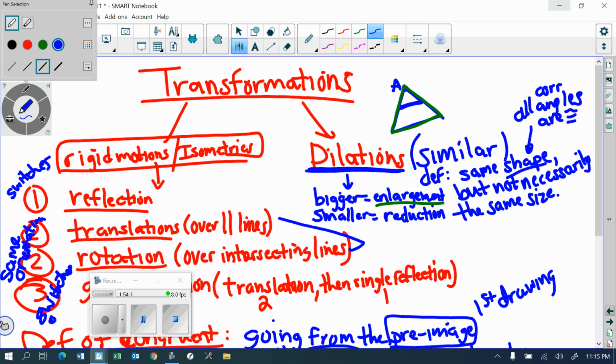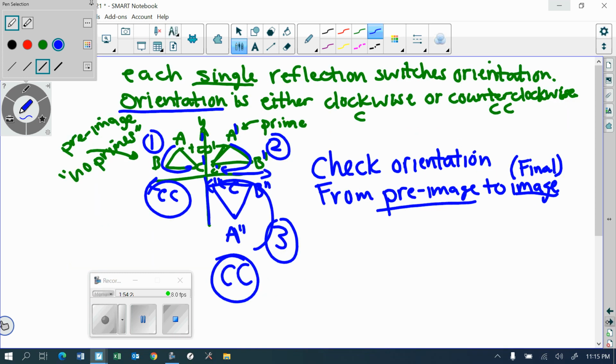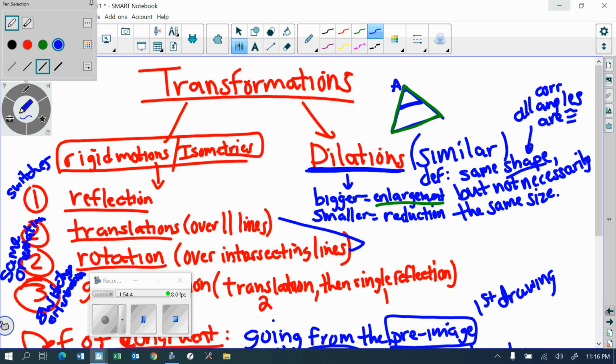It switches orientation when I compare first to the last. So if it switched orientation between 1 and 3, it would tell me I had either a single reflection, there's only one of them, or there were 3 of them, and it would be a glide reflection. But since this one right here kept the same, counterclockwise, counterclockwise, that means this had to be a translation or a rotation. That was the only 2 options. Now we go back and look at which one it is.